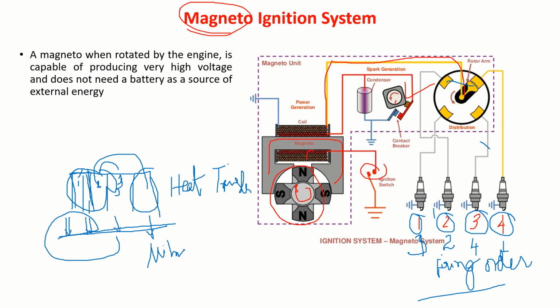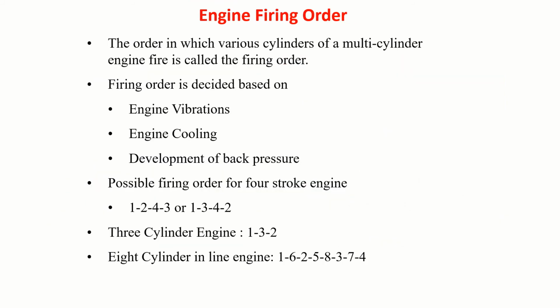That way you can distribute evenly. So from the load distribution point of view, also it is better. That is why normally they choose a particular firing order from the heat transfer point of view, also from loading the crankshaft, and to avoid rough running, uneven loading, uneven stress, all these kinds of things. To avoid all these problems, they choose the proper firing order.